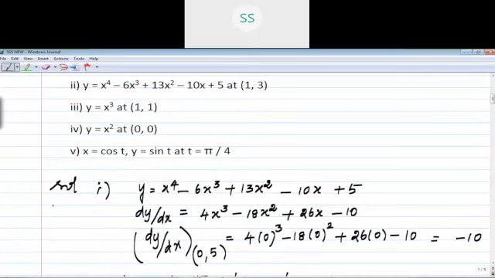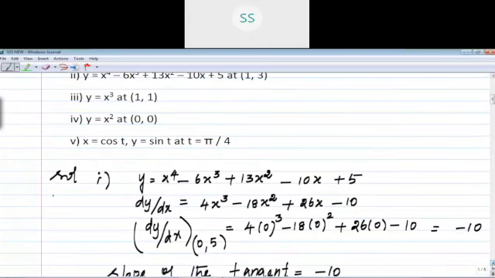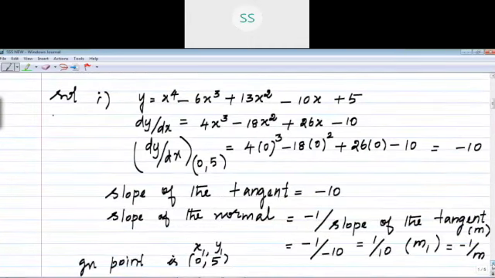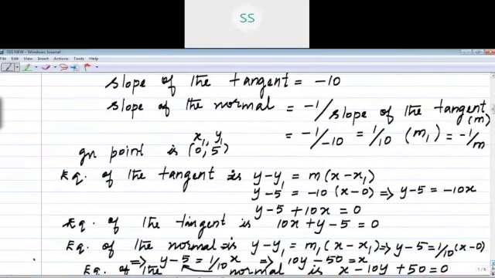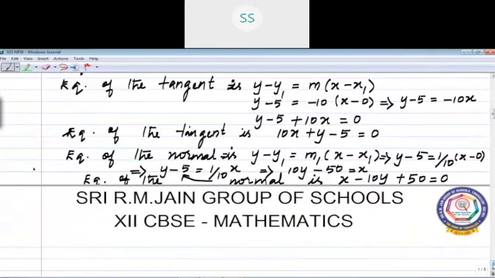Now we will pass on to the solution. Here I did it elaborately. The next sum, I will move to the solution part directly, right? Solution, second subdivision. What is your y?